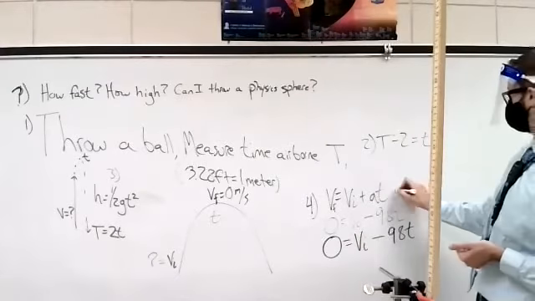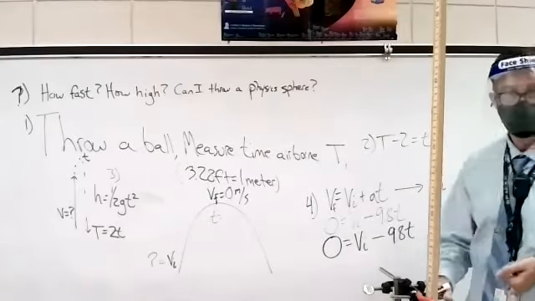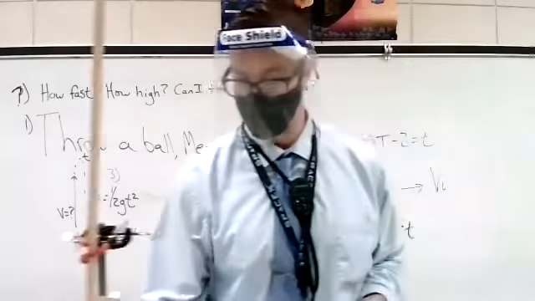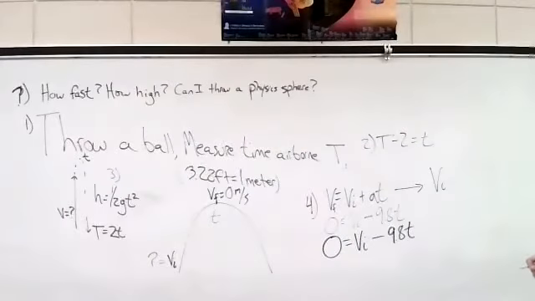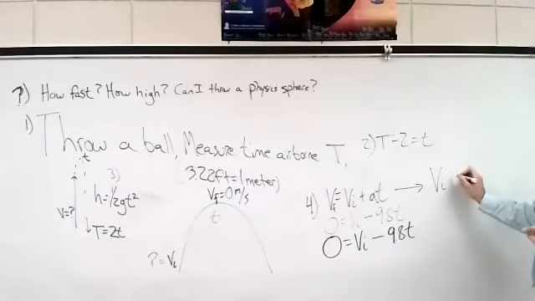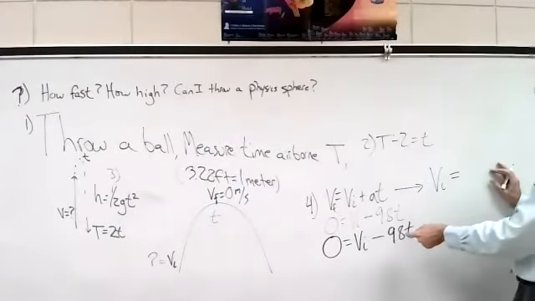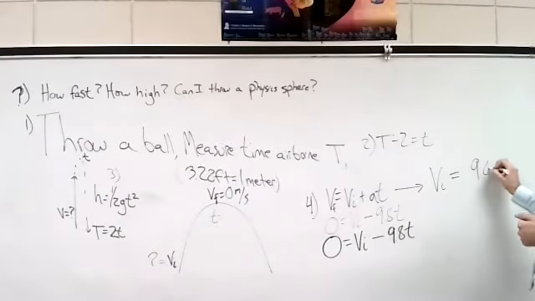So computationally, we can just say vi, so vi is going to be what? Just 9.8 t. It's going to be multiply 9.8 times t.